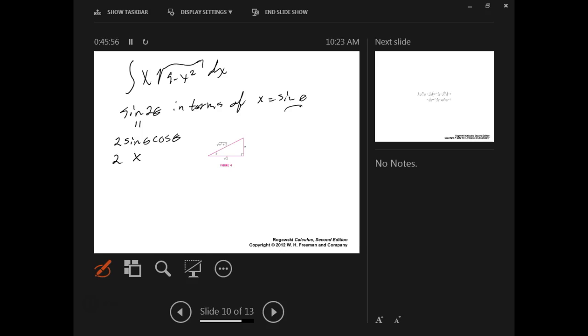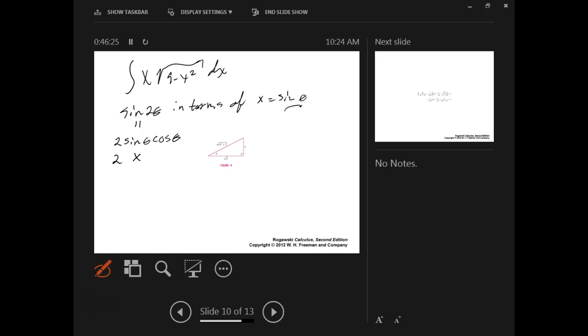How about that cosine theta? Can we do that? How would you do that? Notice that little triangle there?